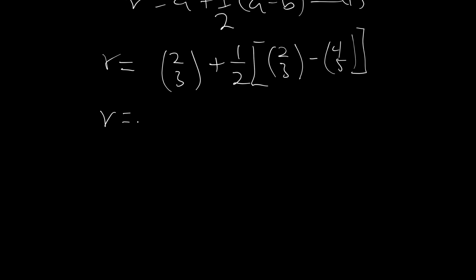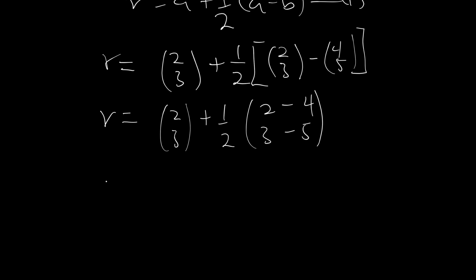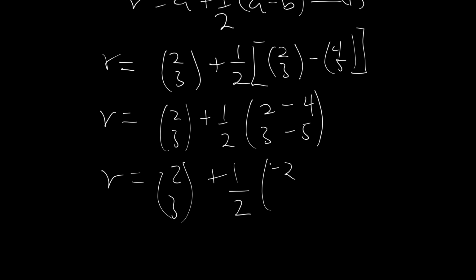So our R will be equal to (2, 3) plus 1 over 2 multiplying (2 minus 4, 3 minus 5). So 2 minus 4 is minus 2, and 3 minus 5 is minus 2.